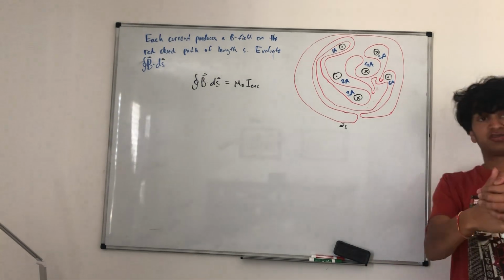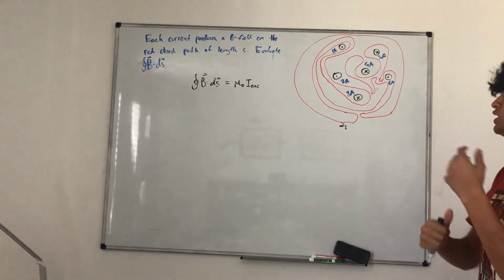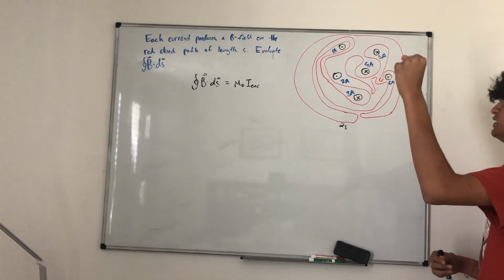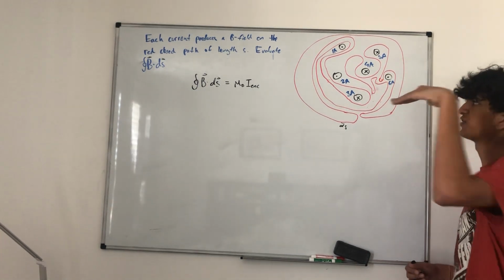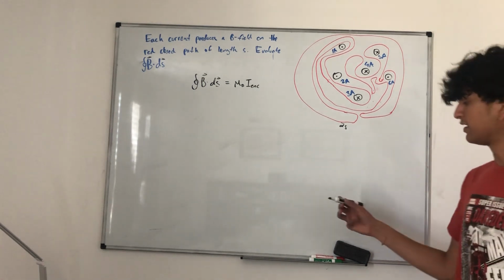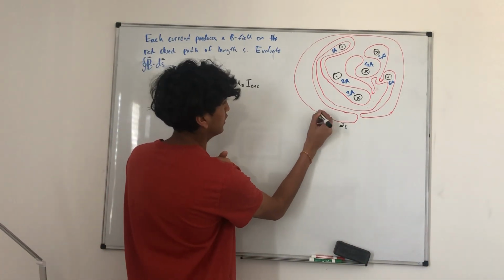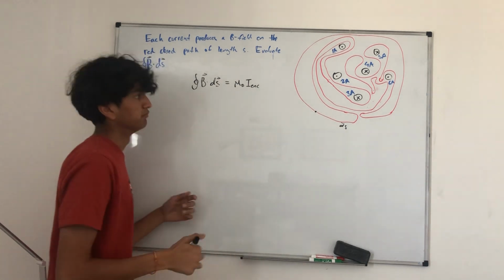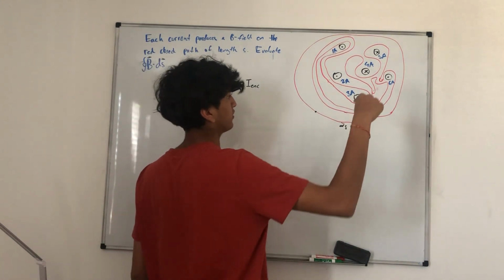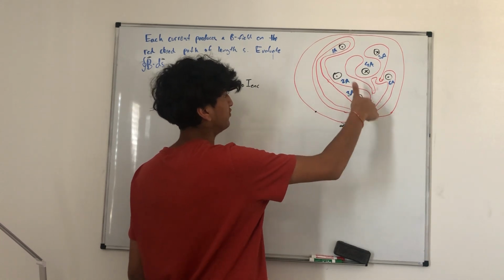Just a couple notes. First of all, what's going to be negative and what's going to be positive? We have some current going into the page, some current going out. Let's say for a point right here, you can use your right hand rule to figure out that with current going in, my B field is pointing this way.